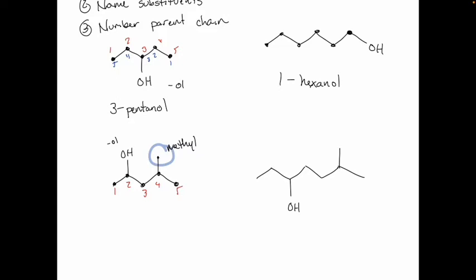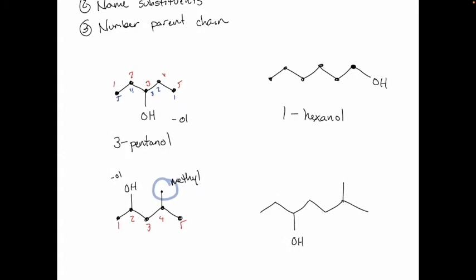Okay, and importantly, we're going to update this number-the-parent-chain rule to make sure we prioritize the OH group. Meaning you're going to pick the numbering scheme that gives that OH group the lowest number. So I'm not looking at the methyl group at all when I'm numbering.